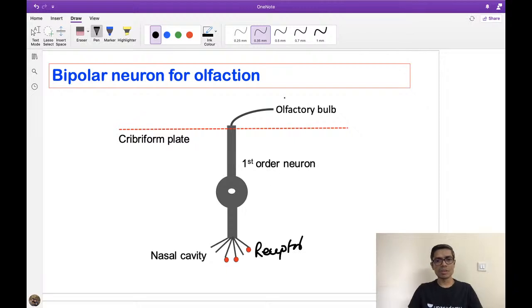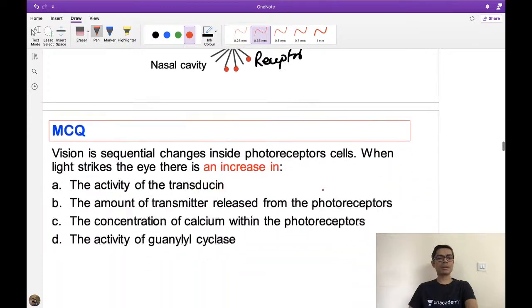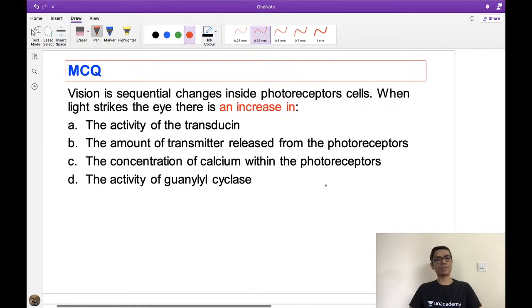This is my first order neuron, which reaches the olfactory bulb. From the olfactory bulb the second order neuron starts and reaches the cerebral cortex. This is the thing you have to remember here. Got it, everybody? So this is about the olfactory sensory neuron.